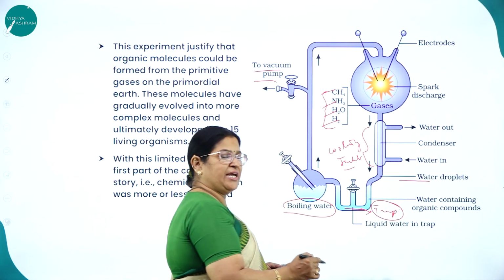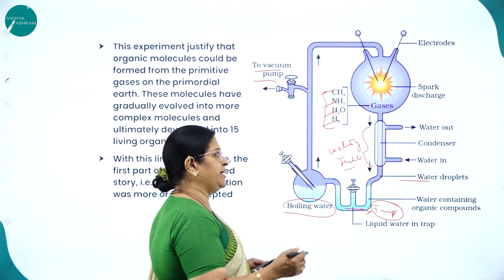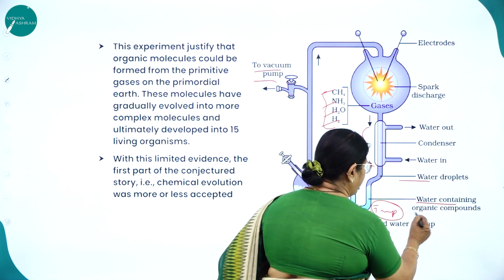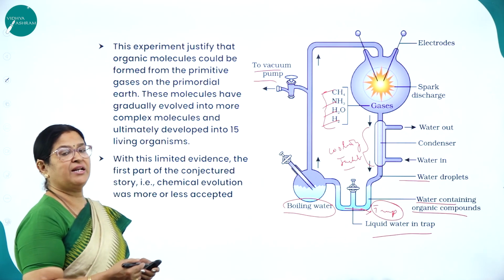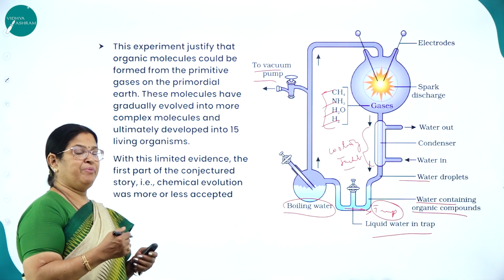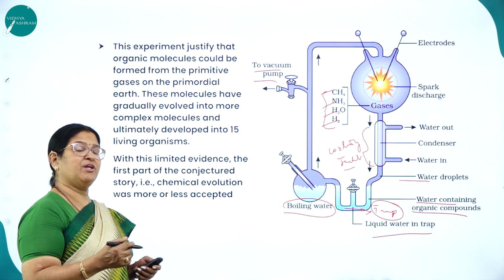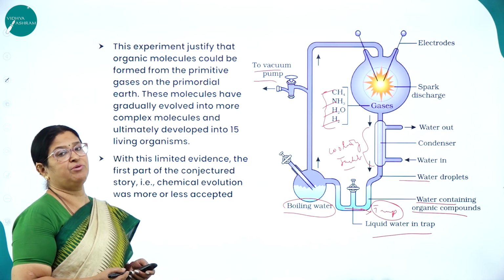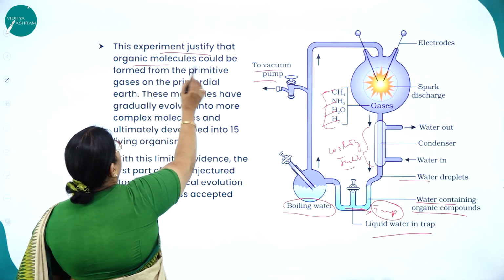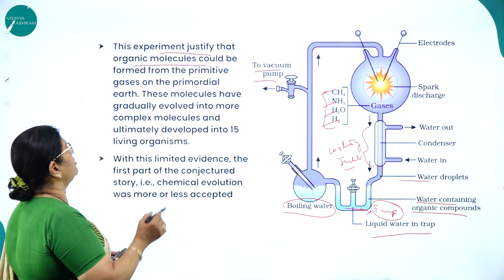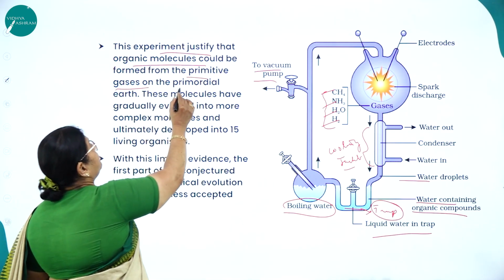So when he analyzed the trap containing the water droplets, he was able to observe what? Water containing organic compounds. So that is how all the compounds, like amino acids, pigments, etc., were found. All those chemicals were the same chemicals that were found in the prebiotic atmosphere. So this experiment justified that organic molecules could be formed from the primitive gases. What do you mean by primitive? The first gases on the primordial earth.